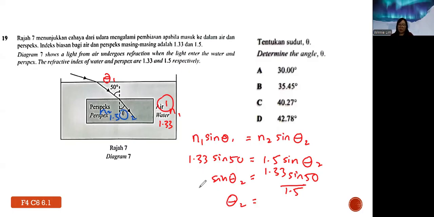Again, like teacher says, you all need to try out by pressing the calculator. You're supposed to get 0.6 something, then shift sine. Hence, you get 42.78. So the answer is D.